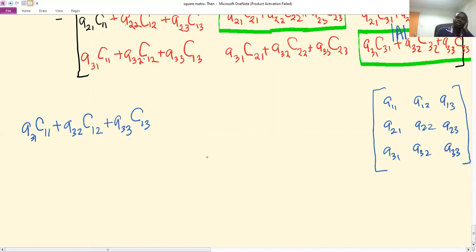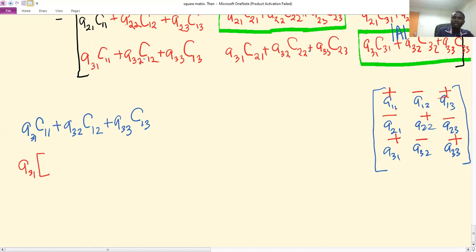But it can always be shown that the signs alternate: the first one plus, then minus, plus, etc. So C11 means the cofactor of the element in position 1,1.